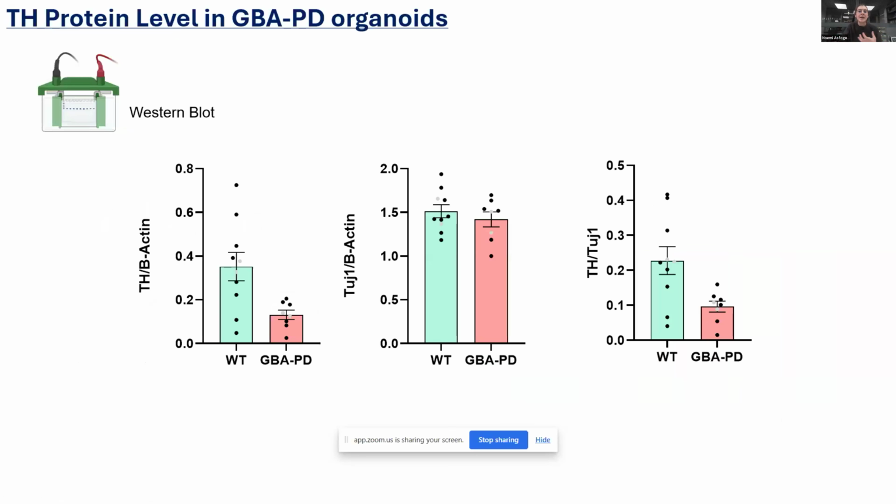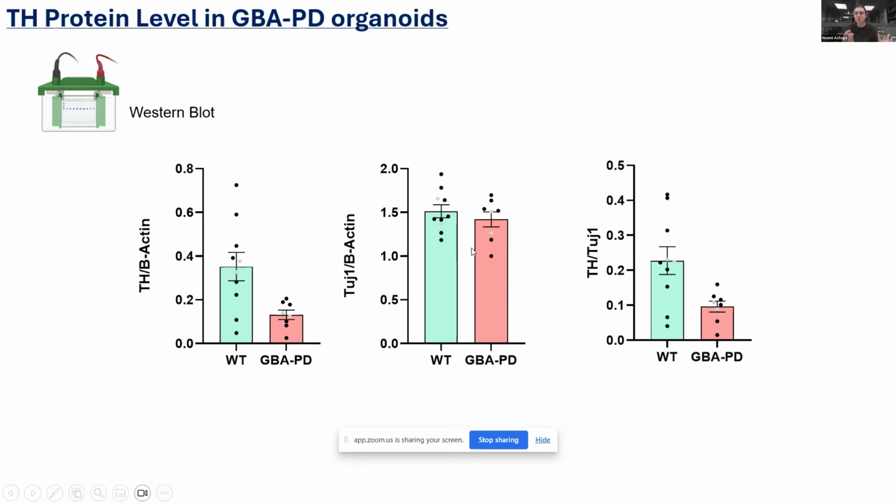And then another thing that we checked is our TH protein level in our midbrain organoid. To answer that, we did Western blot, and we checked TH level as a protein corresponding to the dopaminergic neuron population. As you can see here, globally in our GBA-PD, we can see a decrease of the TH protein level compared to the wild type, and this decrease is not seen in the total neuronal population that is represented by TUJ1 protein.